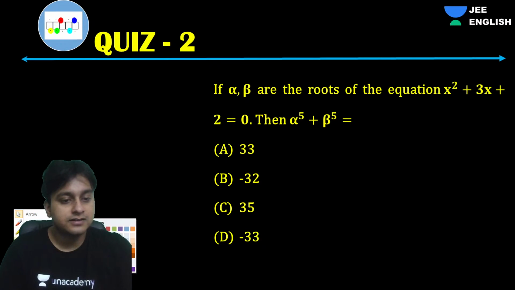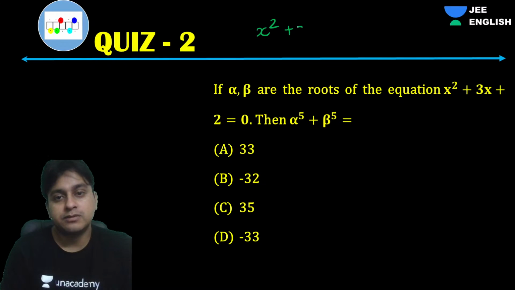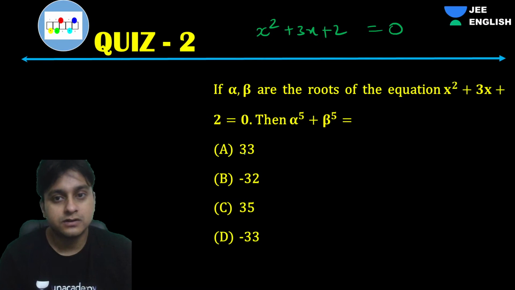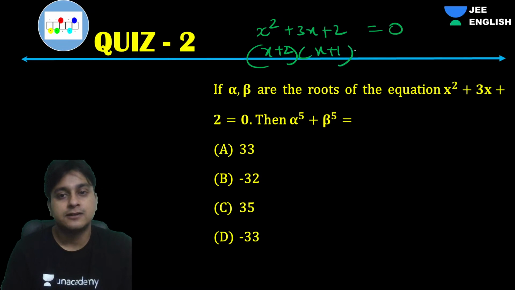Yes. The equation is x square plus 3x plus 2. If you solve it, what will we be getting, guys? You will factorize this as x plus 2 into x plus 1 equal to 0.